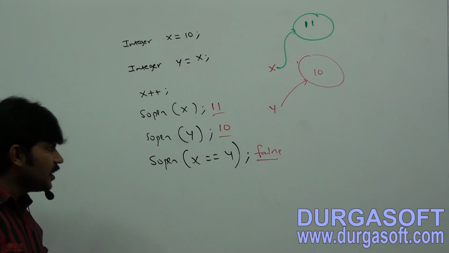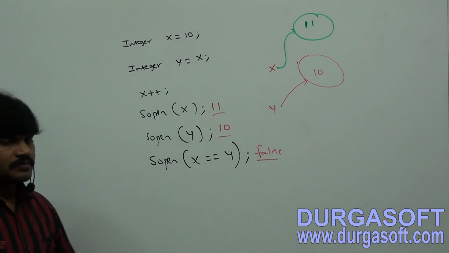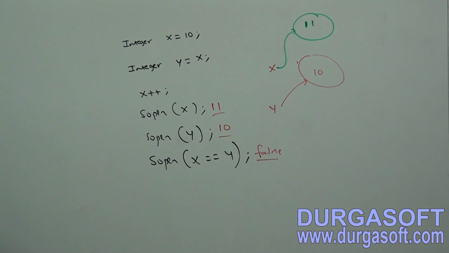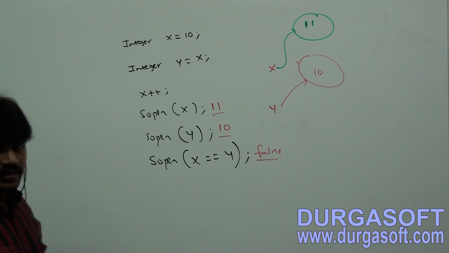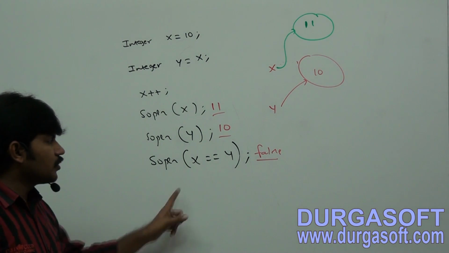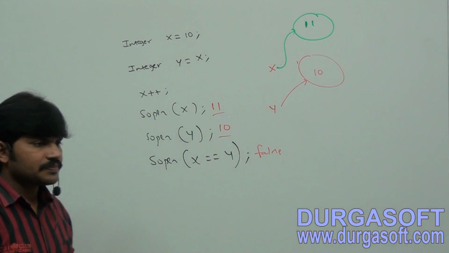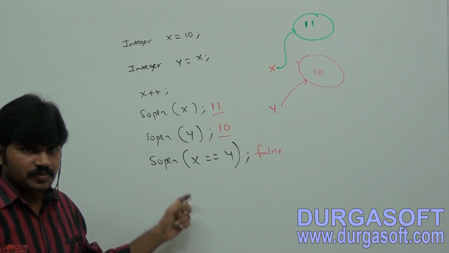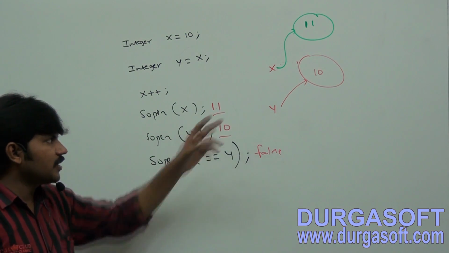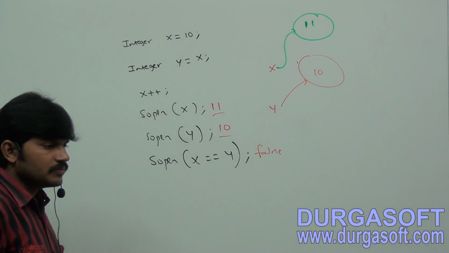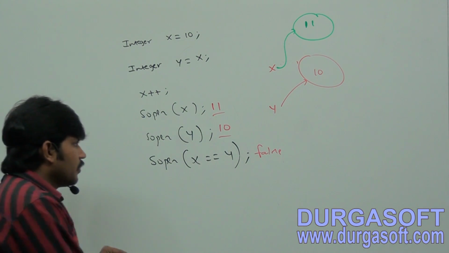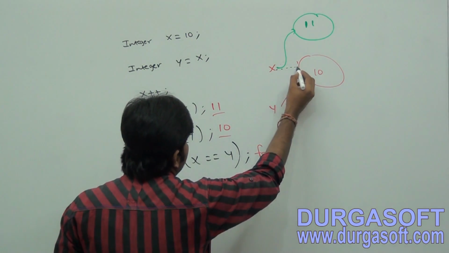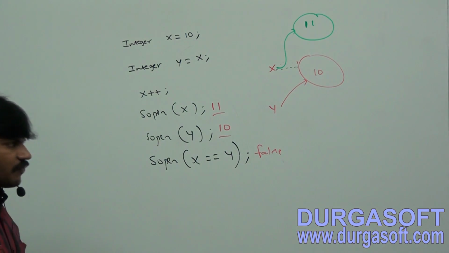SOP of x double equal to y. For the answer we are going to have false. x double equal to y itself is false. Clear, I hope. Better to take that diagram also. So 11, 10, false is the answer.